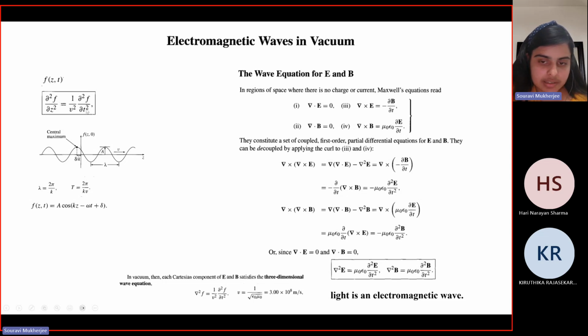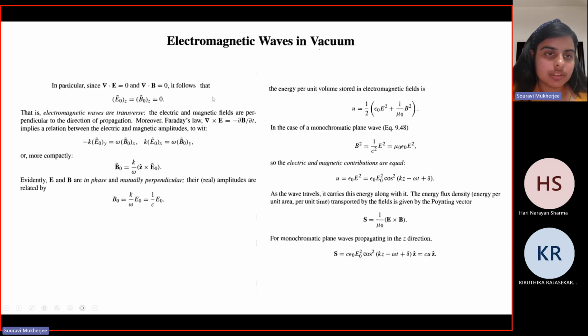So if you compare, this shows that v, the wave velocity, in this case is 1 by root of mu naught epsilon naught, and that is nothing but the speed of light. So this proved that light is an electromagnetic wave which moves with the speed of light. Okay, so this is the wave equation.